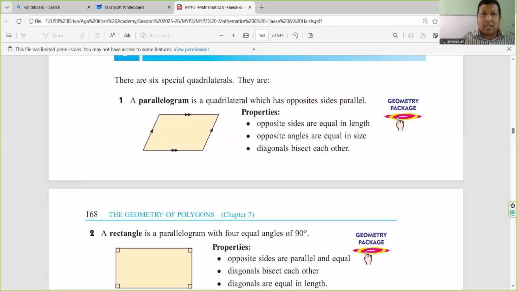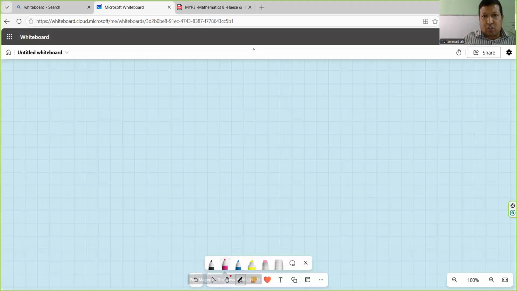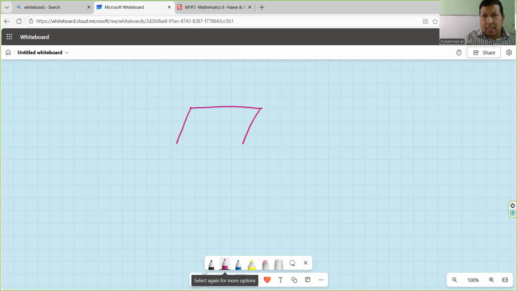If we sketch this, opposite sides are equal and parallel, and these two are also equal and parallel.